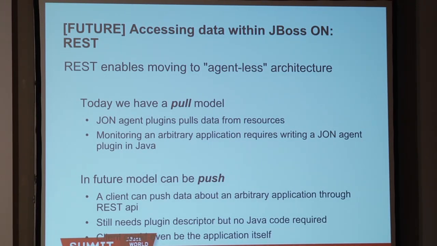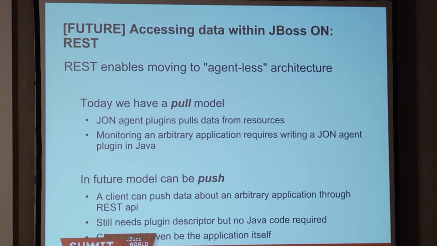You have an Apache plugin, a Tomcat plugin, and those plugins pull data from that resource on a schedule. So if you've got an arbitrary application that you want to manage and monitor through JON, unless it's got metrics exposed through MBean server, you've basically got to write a Java plugin that will run in our Java agent and then will poll your application.